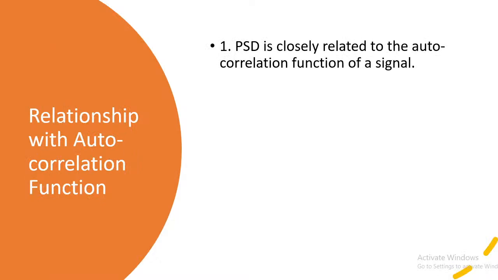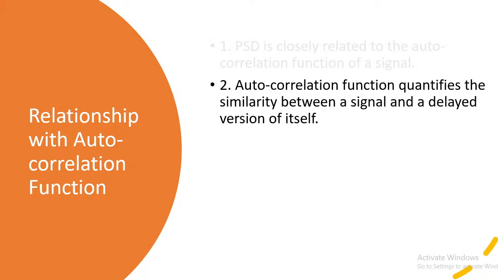Now, how is it related to the autocorrelation function Rxx? PSD is closely related to the autocorrelation function because you obtain it by taking the Fourier transform of the autocorrelation function. What does the autocorrelation function do? It quantifies the similarity between a signal and a delayed version of the signal.